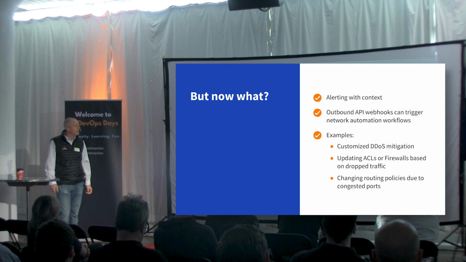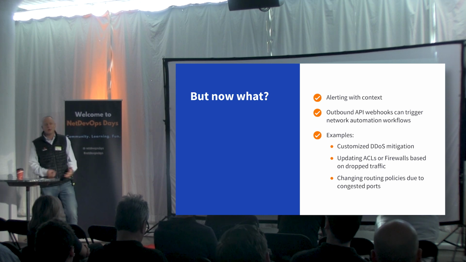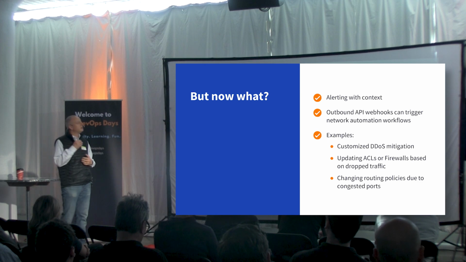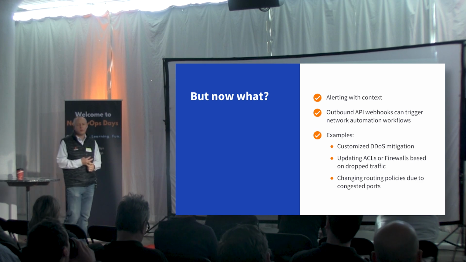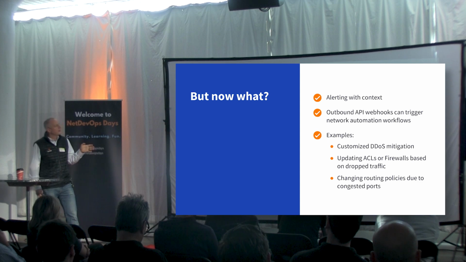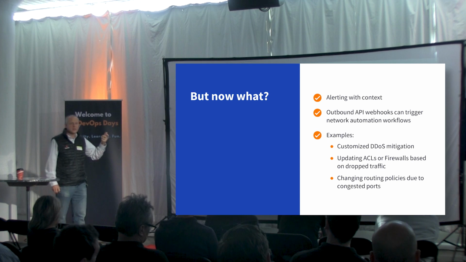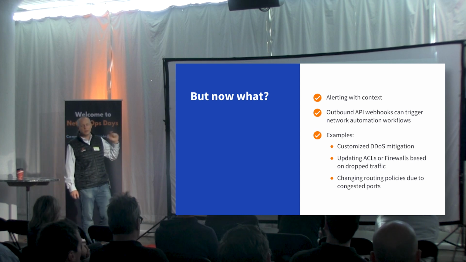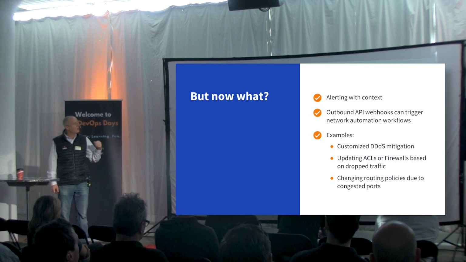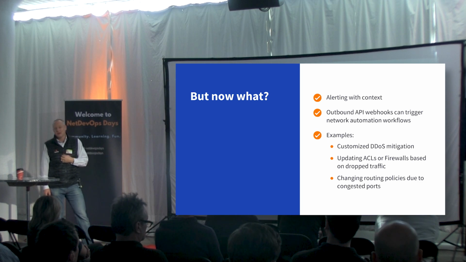So maybe, if I'm an FSI and there's a number of embargoed countries and I want to know if I have any traffic that increases coming from one of those embargoed countries, I wouldn't know that by IP address necessarily, but by being able to provide this context and enrich that with geo, now I can build an alert that says, let me know if I have traffic that increases coming from one of the embargoed countries.